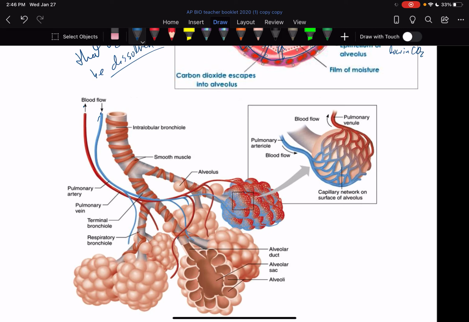Now, I'm not really worried too much about the naming, but if you read any of these labels, they make a lot of sense because we can connect to the pulmonary artery and the pulmonary vein.